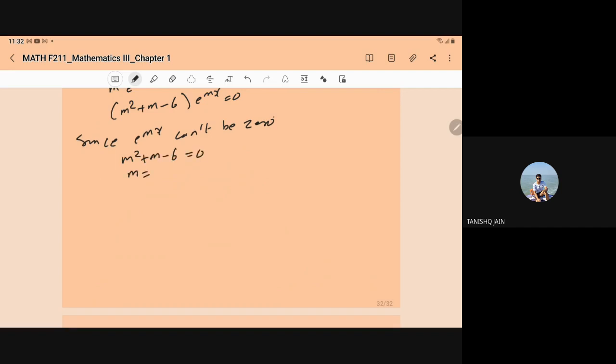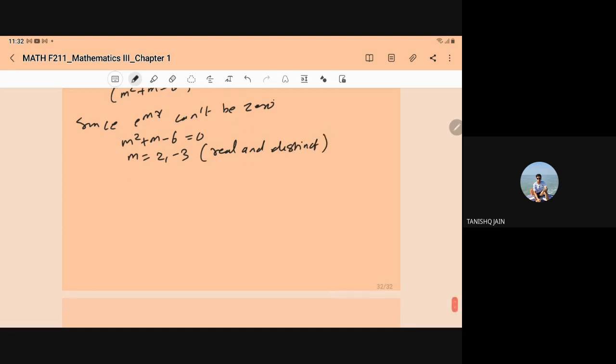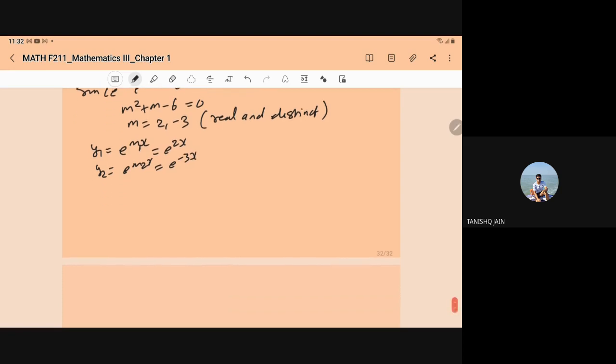So from here, this is the quadratic equation. m will come 2 and minus 3. So 2 and minus 3 means they are real and distinct. So this implies y1 is equal to e to power m1x, that is e to power 2x, and y2 is equal to e to power m2x, that is e to power minus 3x.